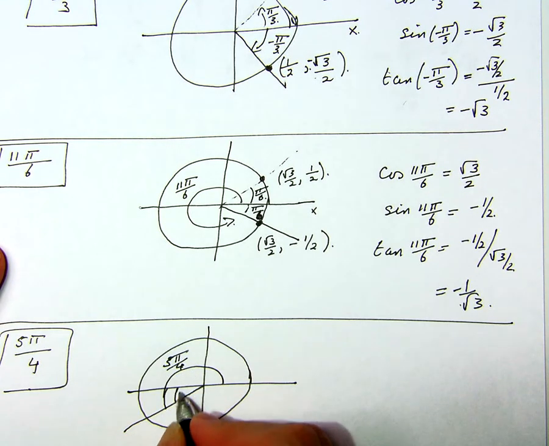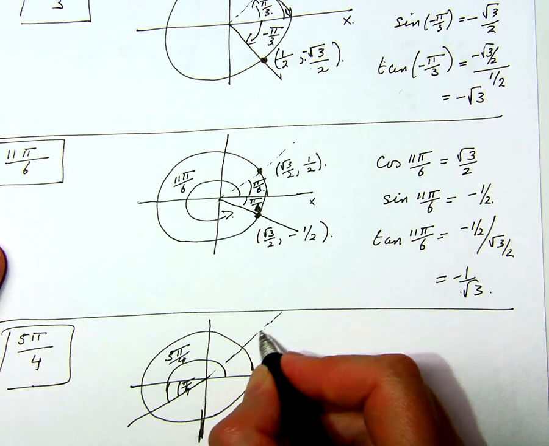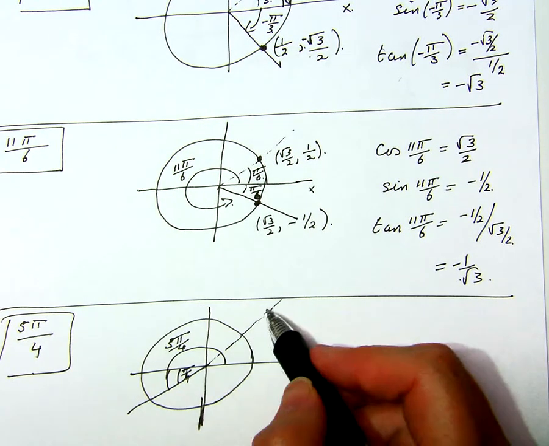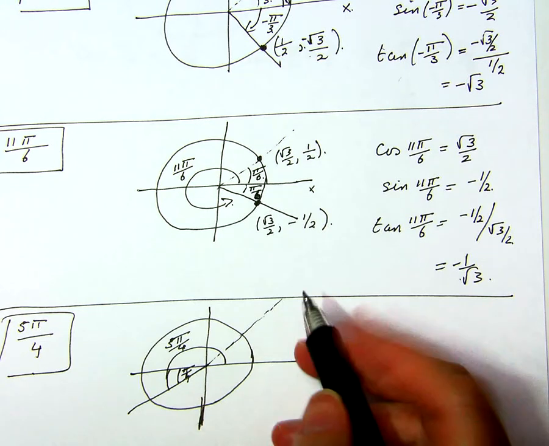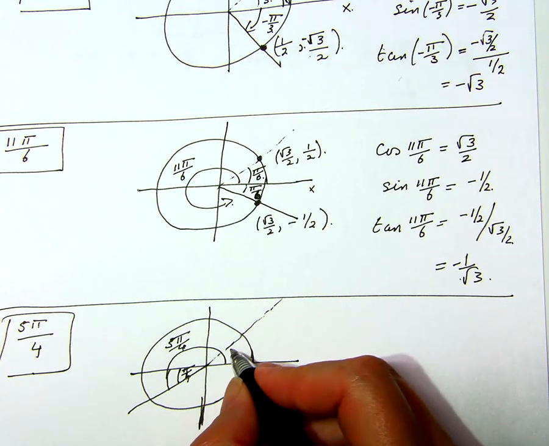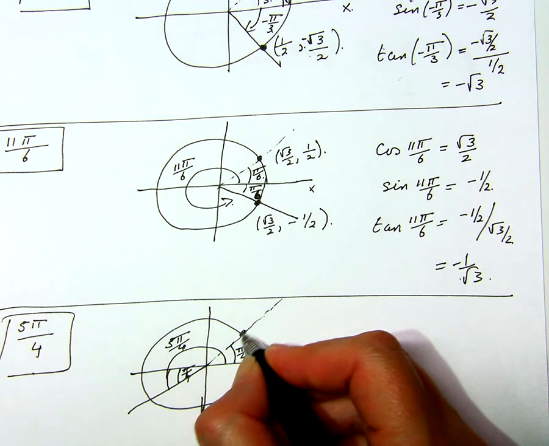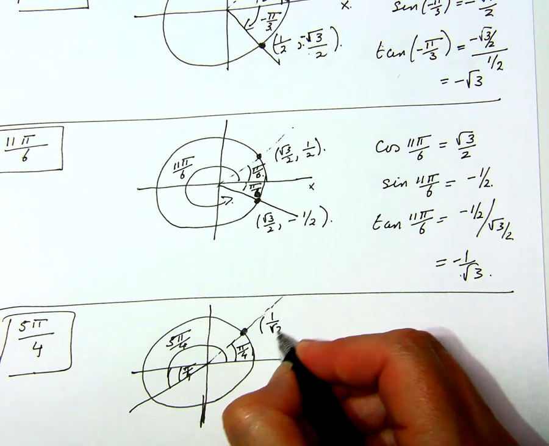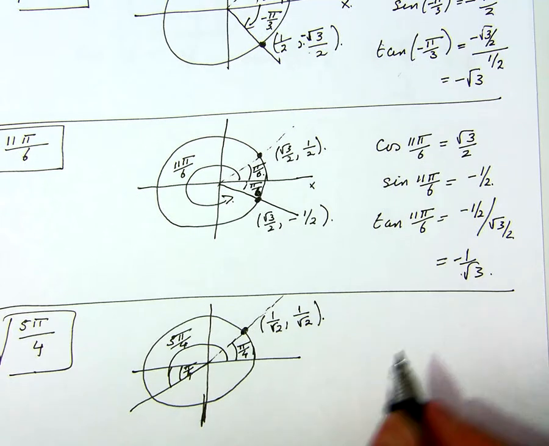This angle here is pi over 4, and as I did with one of the angles above, I'm going to extend this line to give me a ray from the origin in the 1st quadrant. And the angle that this new ray makes with the positive x-axis is pi over 4. And I know the coordinates of the point where it cuts the unit circle. They're cosine and sine of pi over 4, so they're 1 over root 2, 1 over root 2.